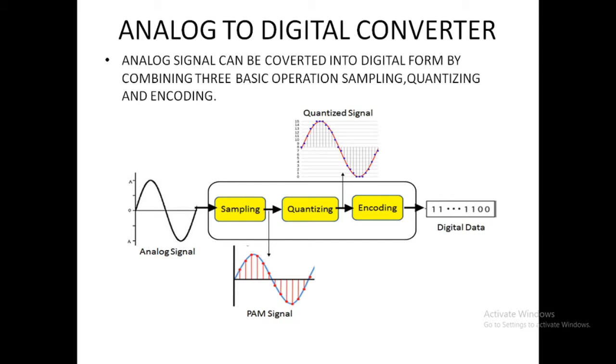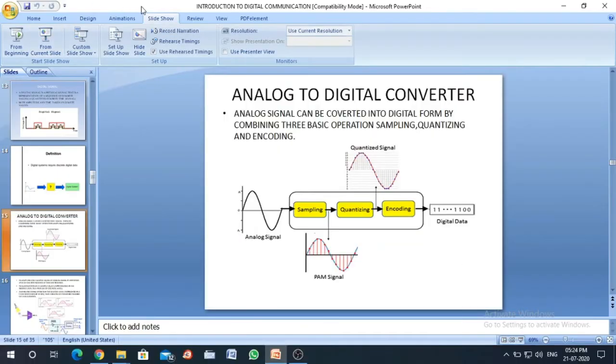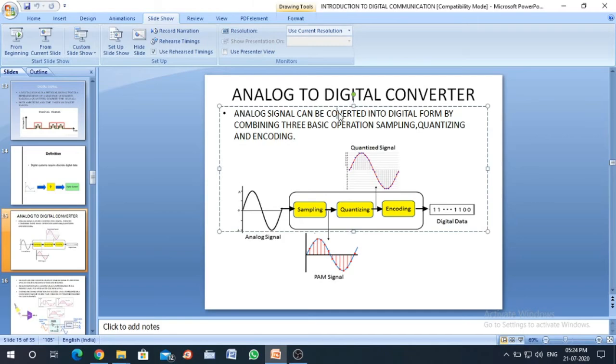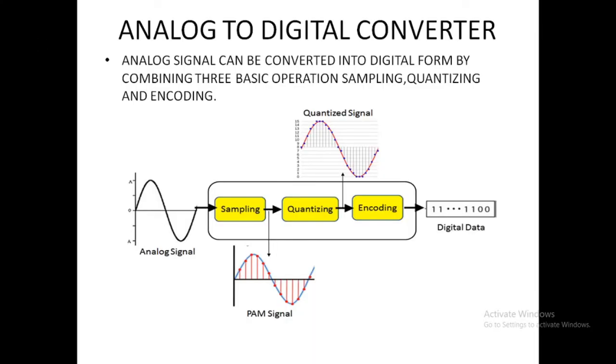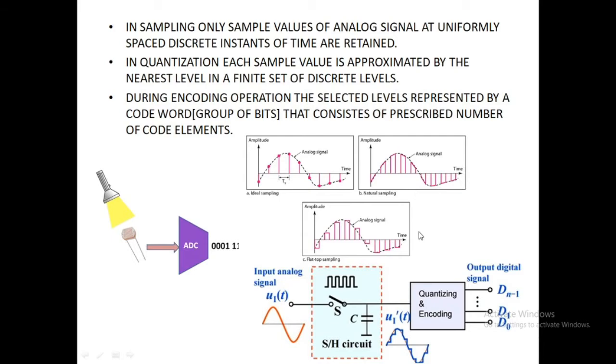An analog signal can be converted into digital form by combining three basic operations: sampling, quantizing, and coding. Here, the analog signal is passed through this A to D converter and the digital signal is obtained.